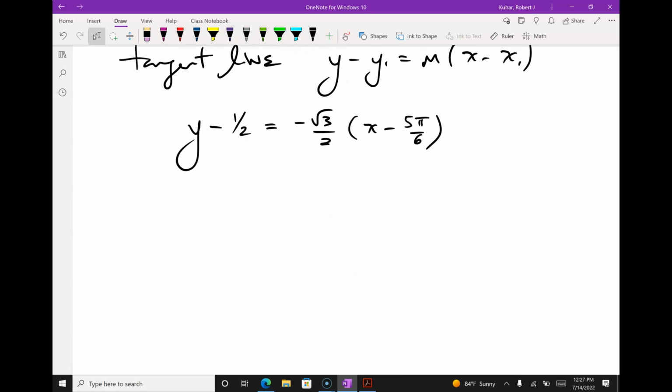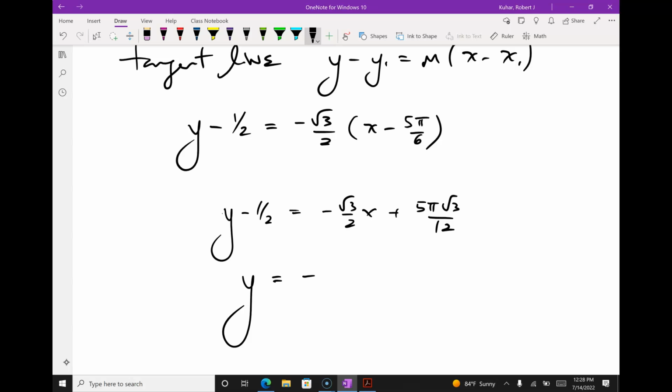When I ask for a tangent line, I want my answer as y equals mx plus b. So y minus 1/2 equals negative rad 3 over 2 times x plus 5 pi rad 3 over 12. And then I'm adding 1/2.